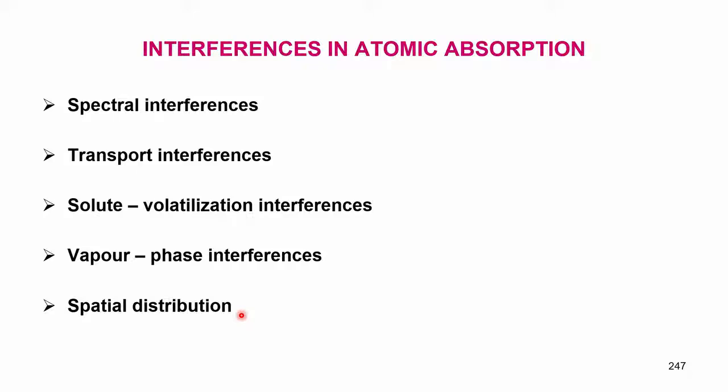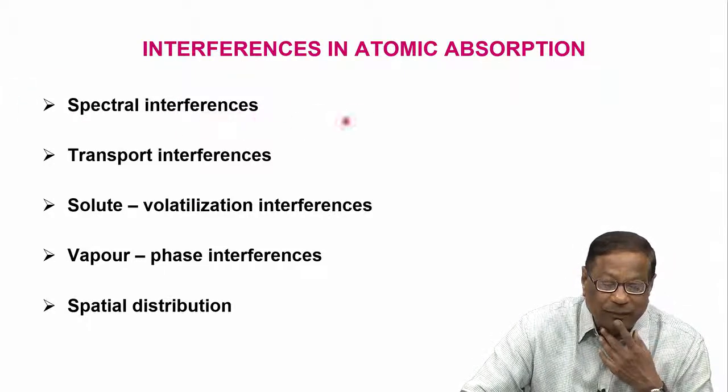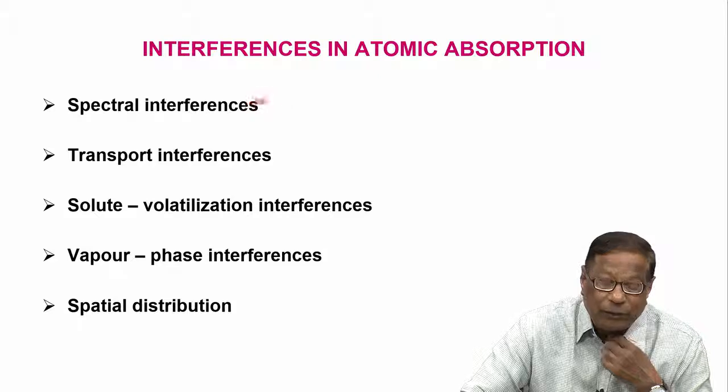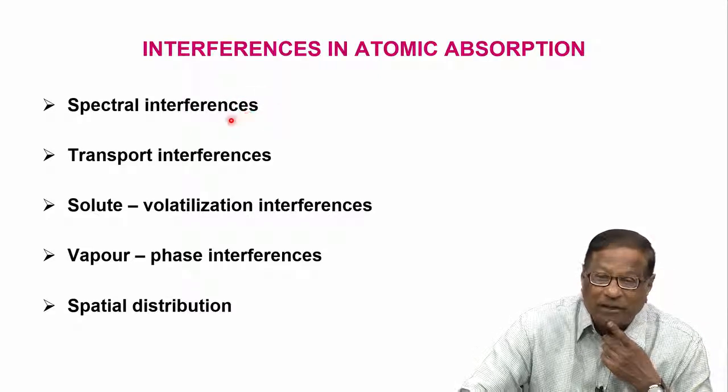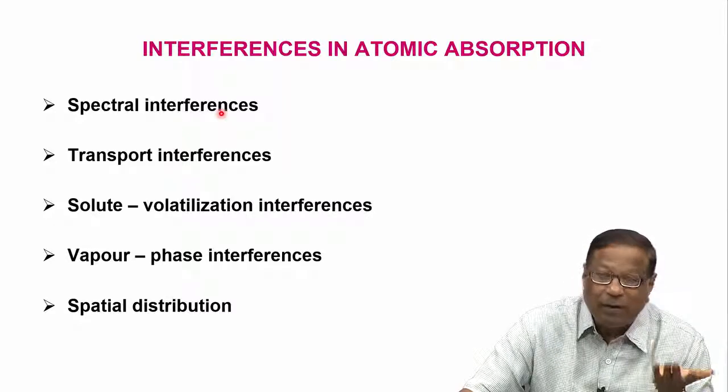We can see in this slide that there are different kinds of interferences. One is spectral interference, and second is transport interference. If the resonance lines of two elements are matching and we cannot separate them, then we call it spectral interference. That means the reading may be higher.